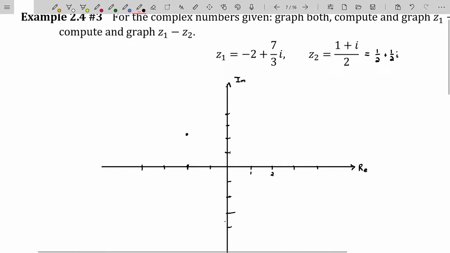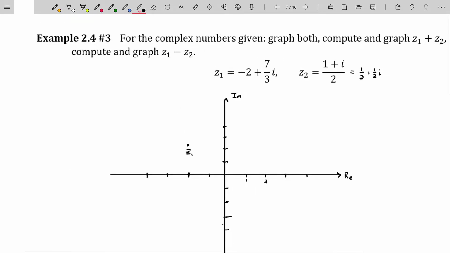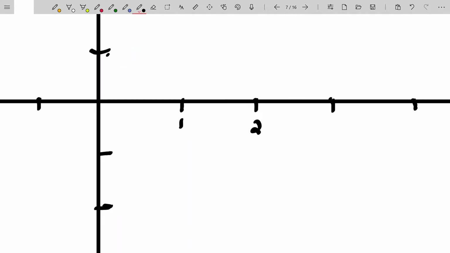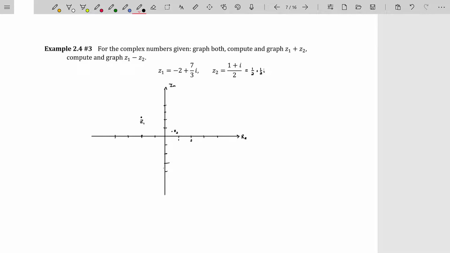And that would be the point z1. I'm just going to call it z1. z2 is 1/2 plus 1/2 i, so over 1/2 in the real direction and up 1/2 in the imaginary direction, and that would be z2.